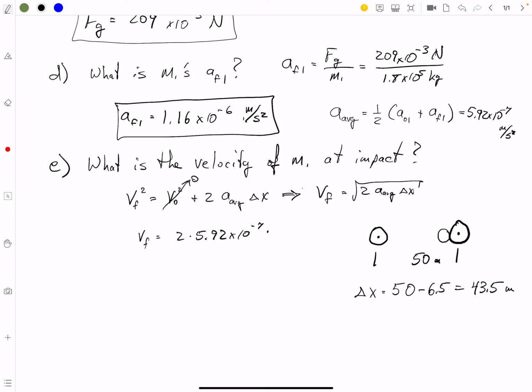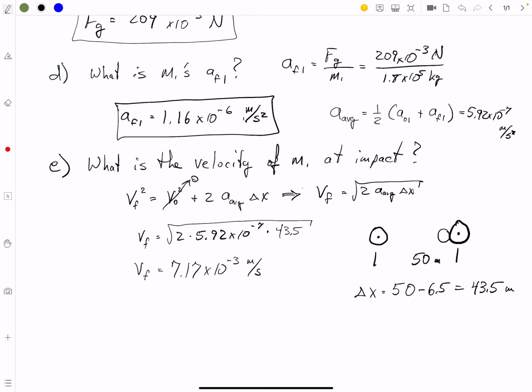And so we're going to say 43.5, and we're going to take a square root there, and we'll have this: 7.17 times 10 to the minus 3 meters per second. So really, really slow, okay, when they finally do touch each other.